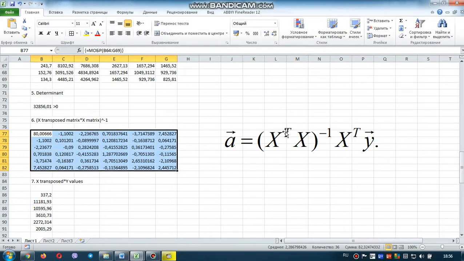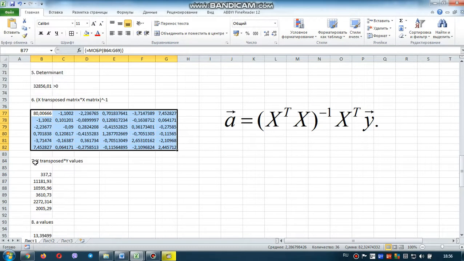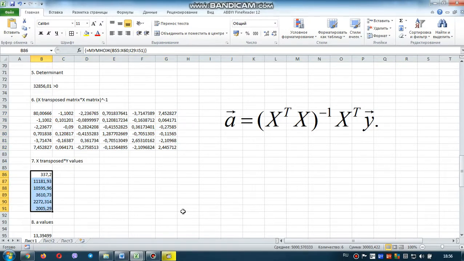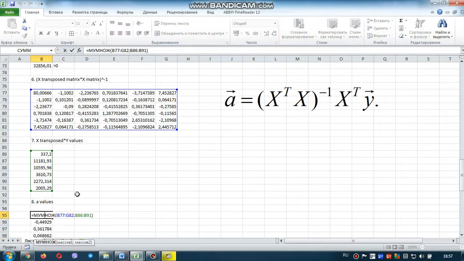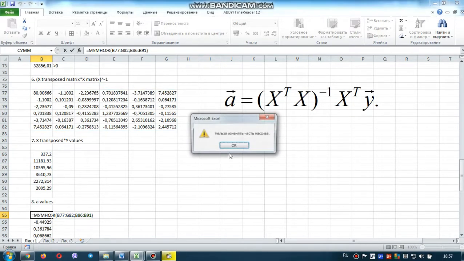This is this part of the equation. This x transpose matrix by y values is the second part of this equation. Okay. And A values is the product of this part and this part. Okay.